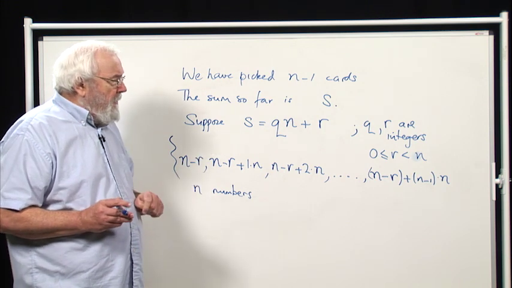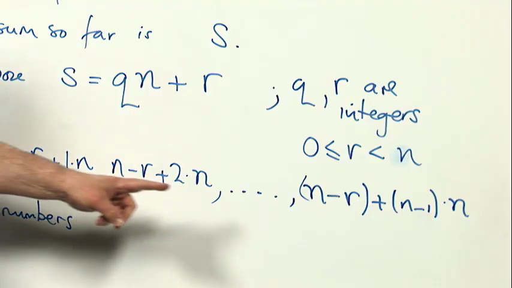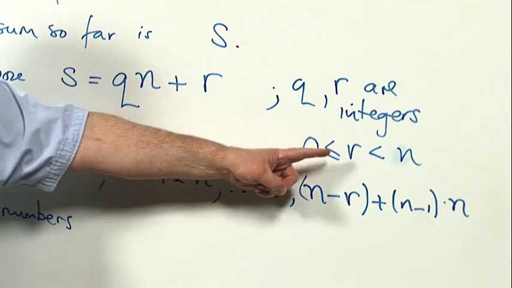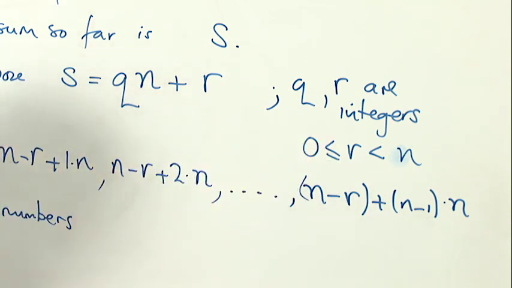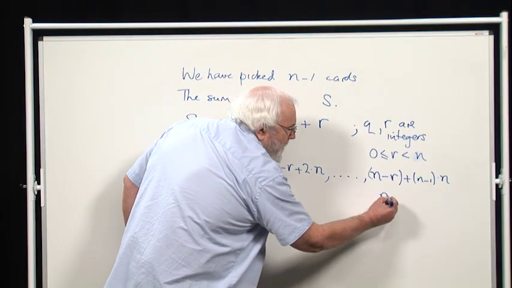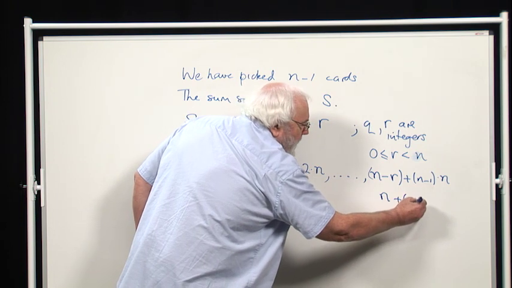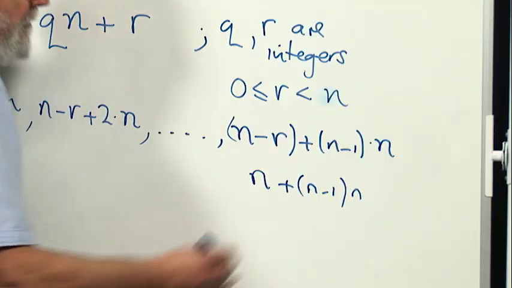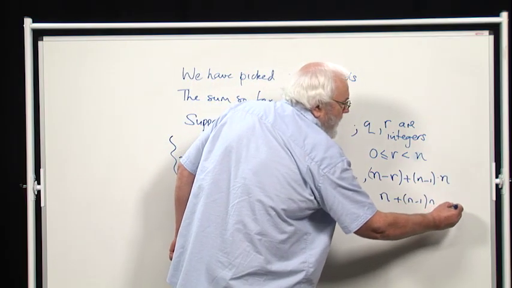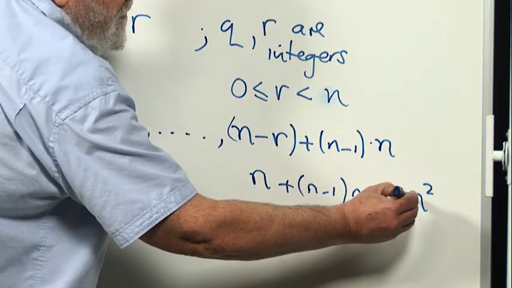I don't know what r is. This is the largest number, and r is 0 or more. So this number here is at most n plus n minus 1 times n, and when you tidy that up, you get n squared.